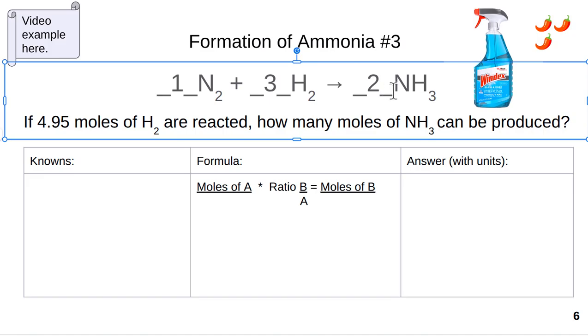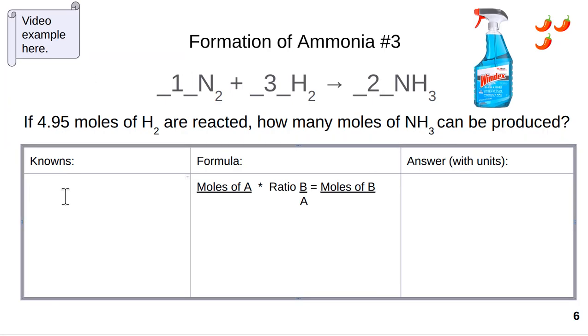of NH3. However, in this case, the example says that I'm reacting 4.95 moles of hydrogen, not 3. And I want to know how many moles of NH3 can be produced. So I'm going to start with my known over here, which is going to be 4.95 moles of hydrogen.